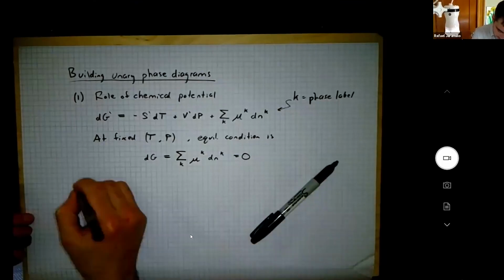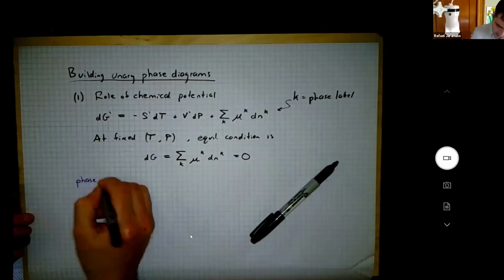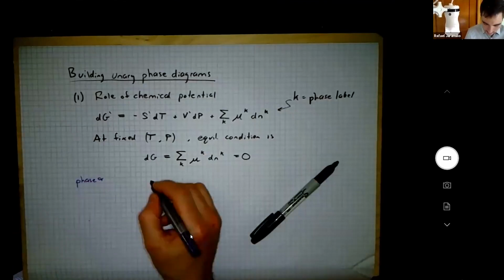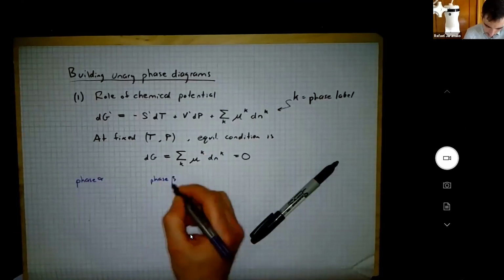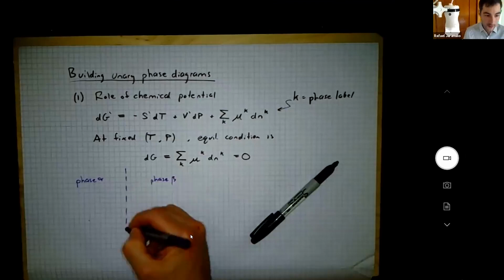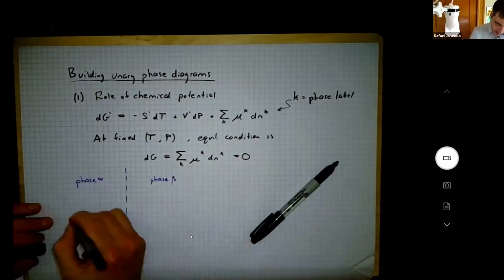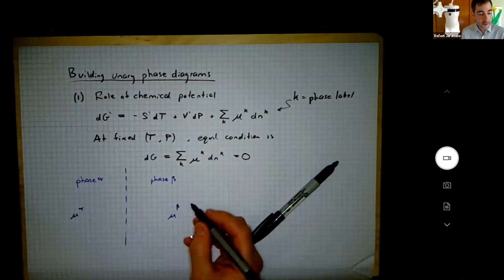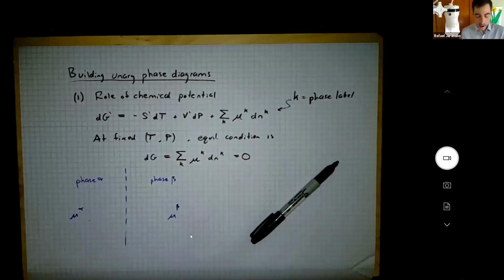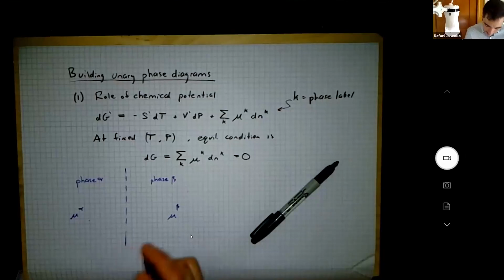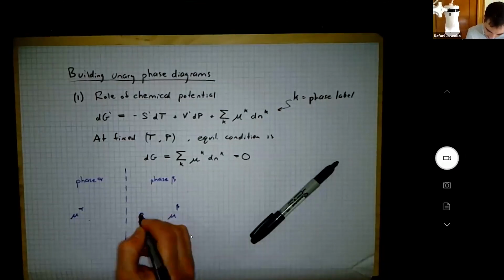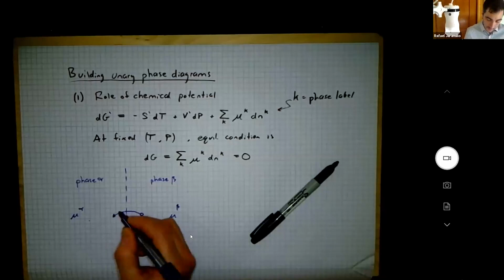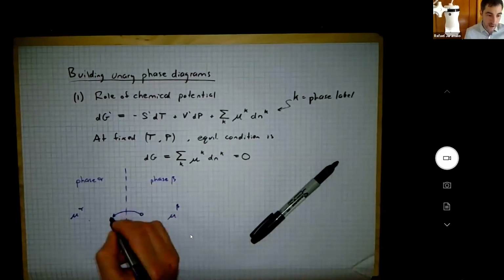Here's phase alpha, and here's phase beta, two phases, and they're going to have a phase boundary between them. The alpha phase has chemical potential mu of alpha, and the beta phase has a chemical potential mu of beta. And this phase boundary is open, so mass can flow. That means a molecule is free to jump from beta to alpha.